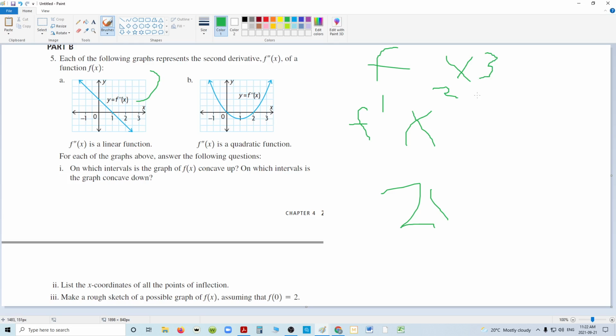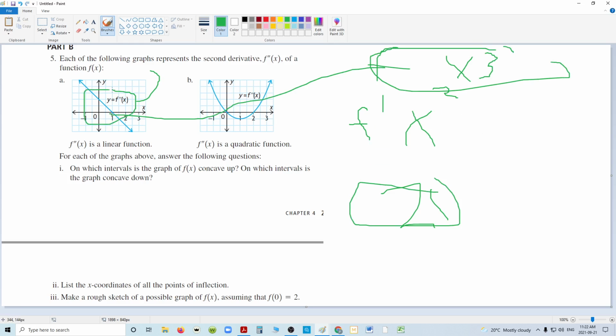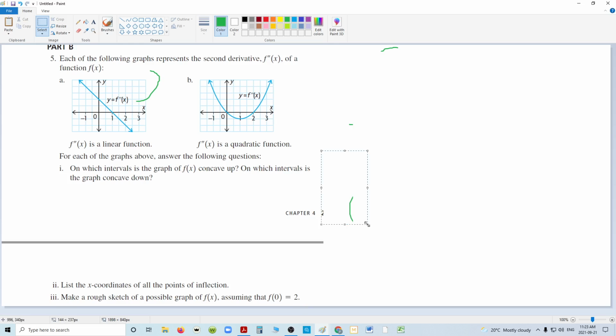This is important for you to understand, especially as we get into integrals. So that means the original function of this second derivative graph was a cubic. And it has a negative slope as a second derivative overall. Well, actually, no, it's only negative over here.